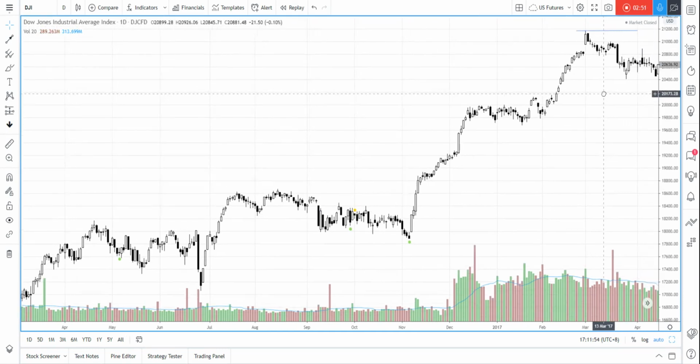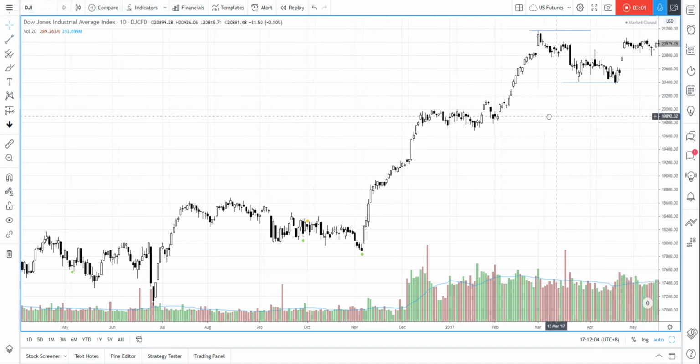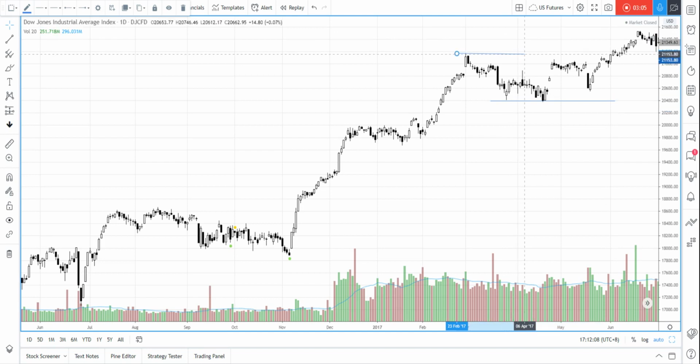After it forms a swing low here, I want to draw another line, which is a support level. After I draw these two lines, my expectation is for the price to have some kind of interaction between this support and resistance level.